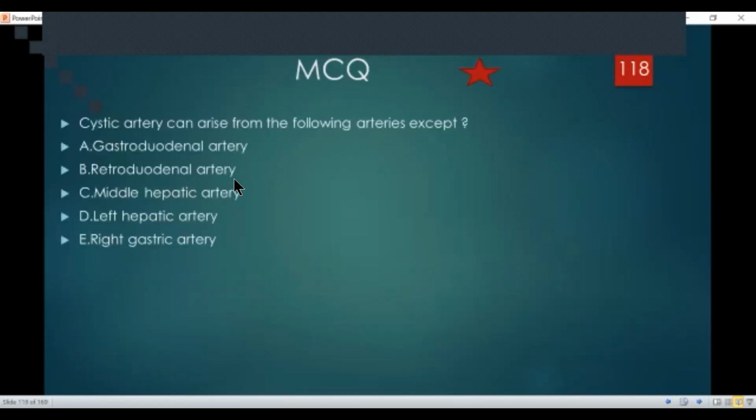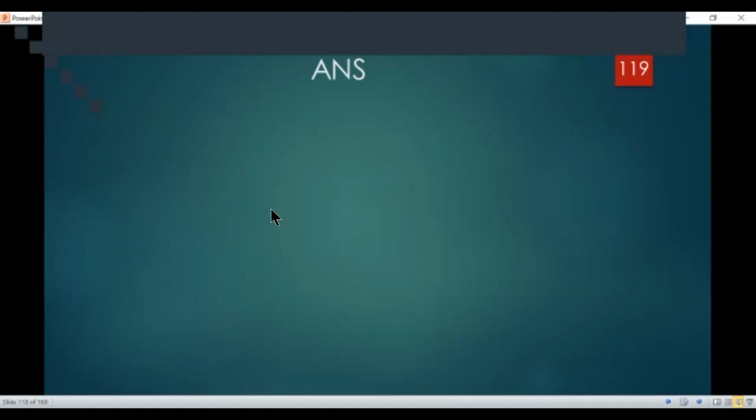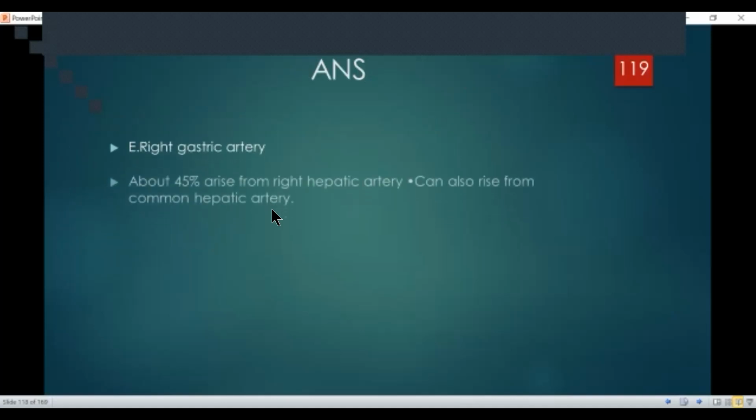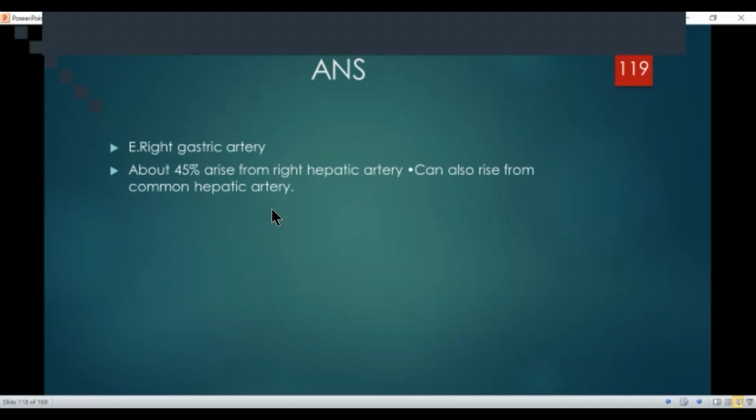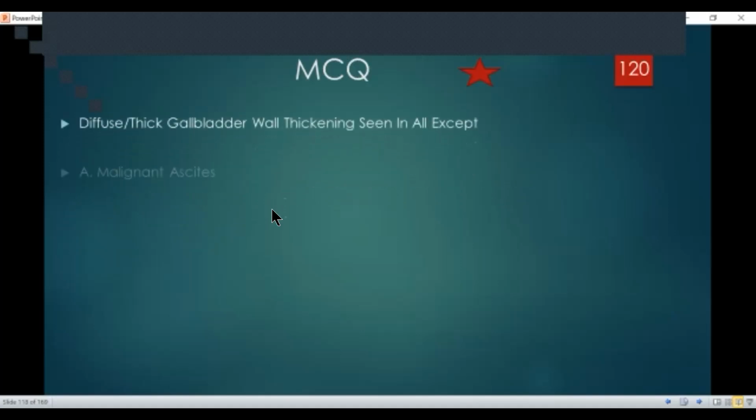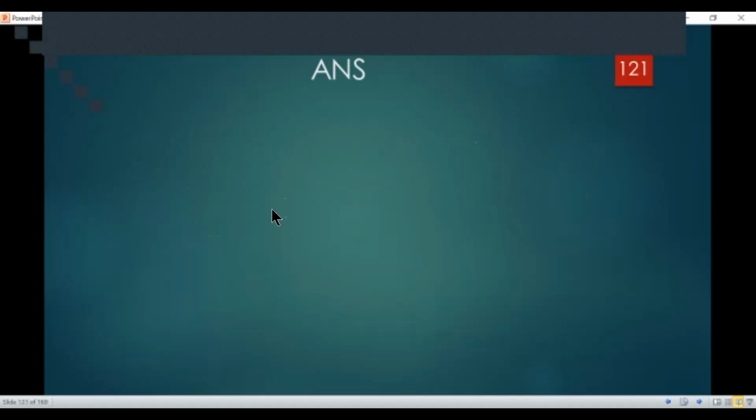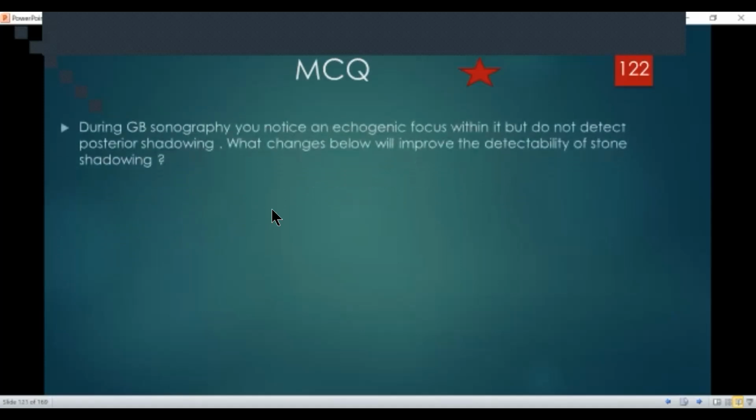It does not arise from the right gastric artery, but it can have the gastroduodenal, retroduodenal artery, middle hepatic artery, and left hepatic artery. Not by the right gastric artery. Diffuse gallbladder wall thickening is seen in all except, again, malignant ascites.